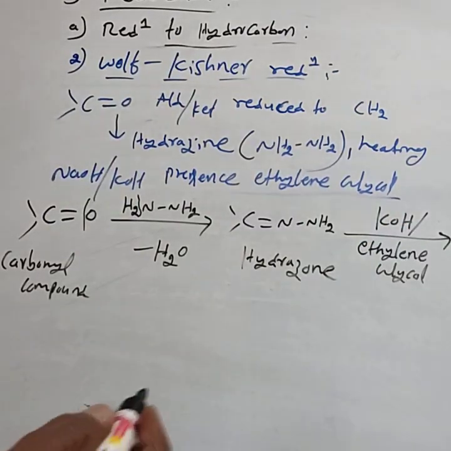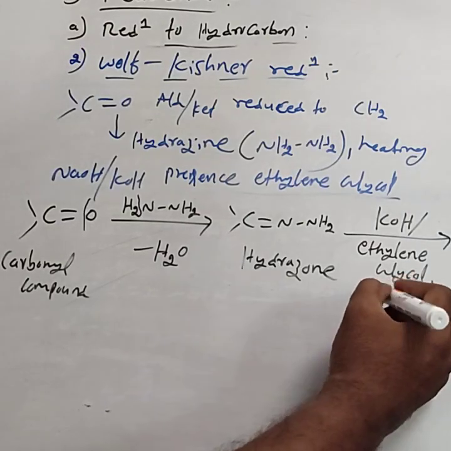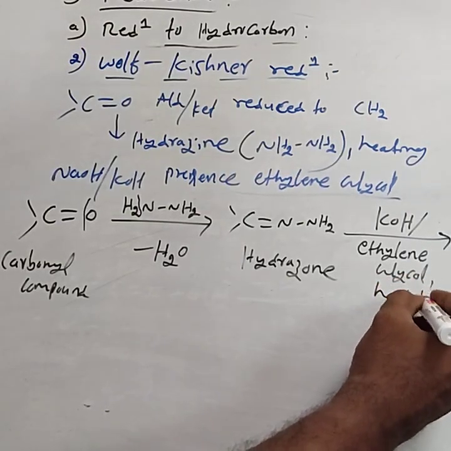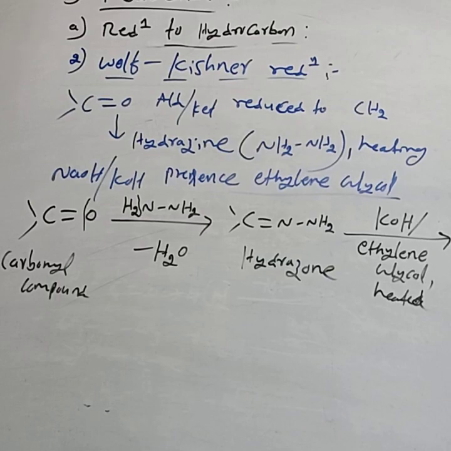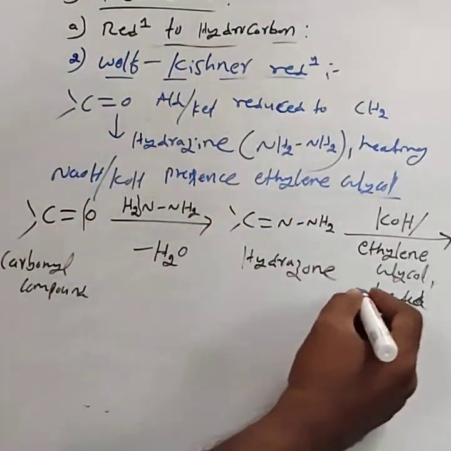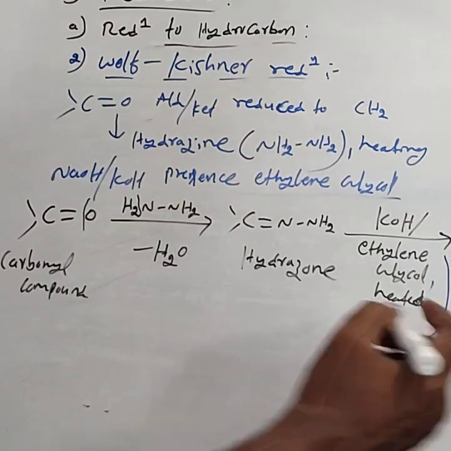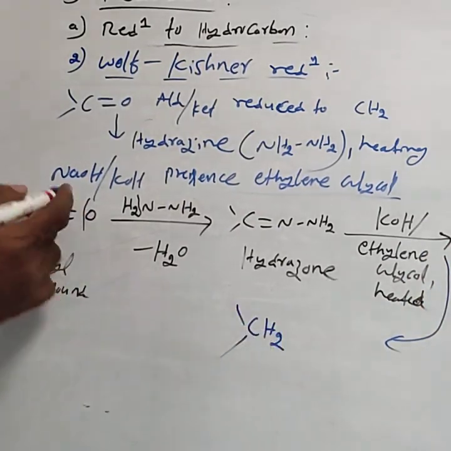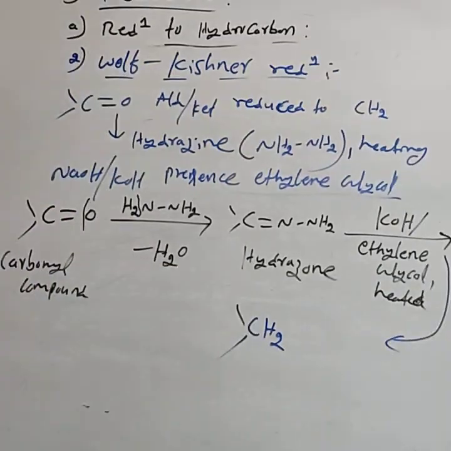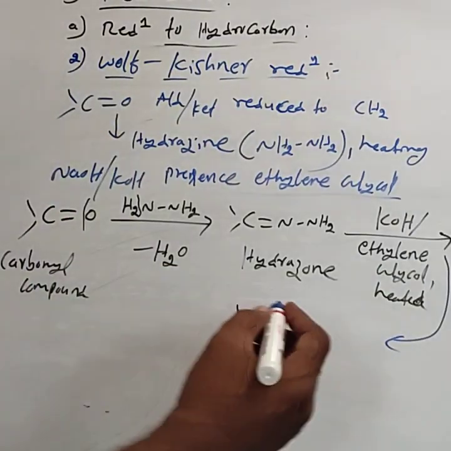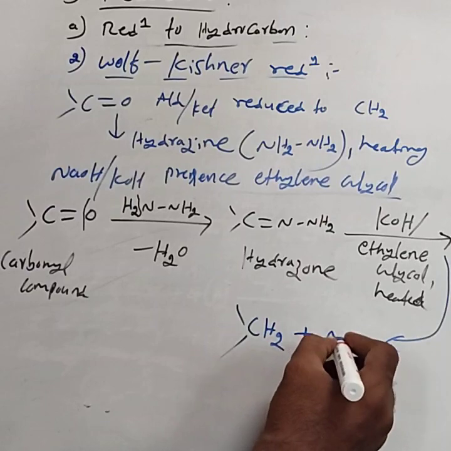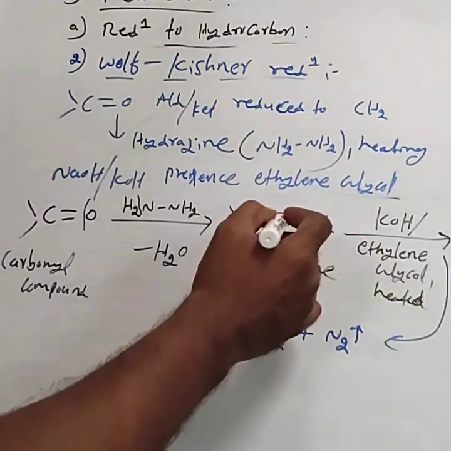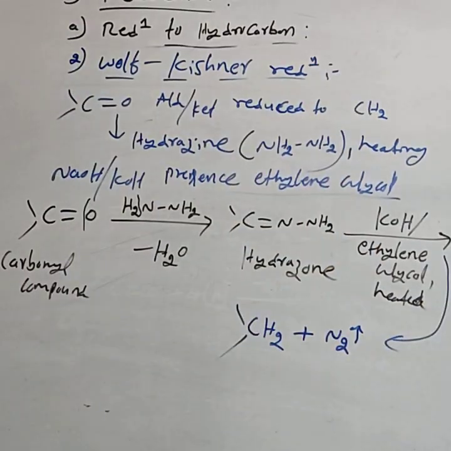Then it gets converted into CH2. The CO group is converted into CH2. The other product formed is N2. This nitrogen gets removed. This is called Wolff-Kishner reduction.